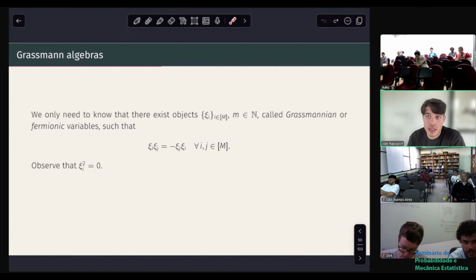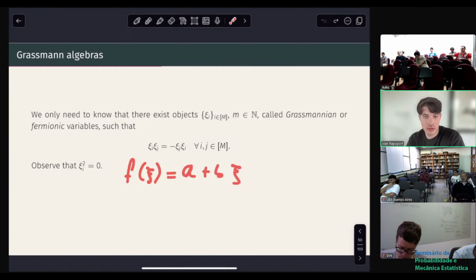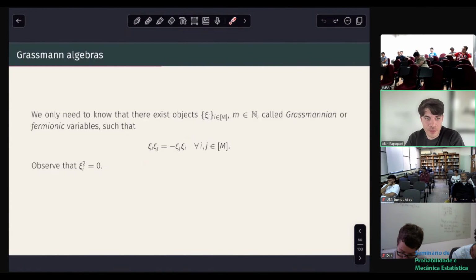In particular, we can observe that these objects satisfy this very trivial property. So any power of it is going to be 0. In particular, any function of a fermionic variable is nothing else than a plus b, so a linear function, right? Nothing else. Because anything of larger powers will yield 0, at least anything analytic.